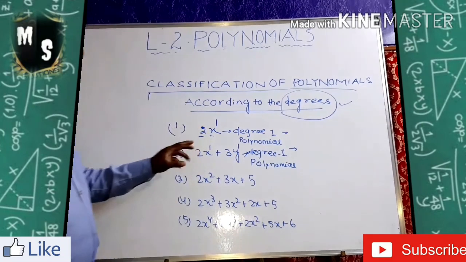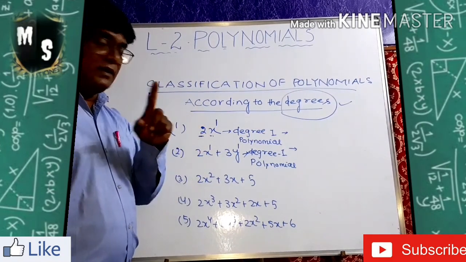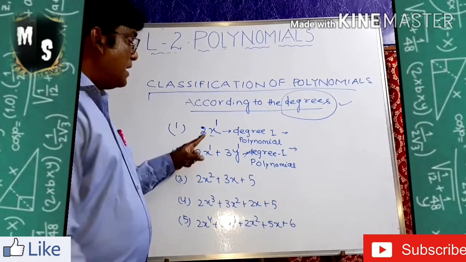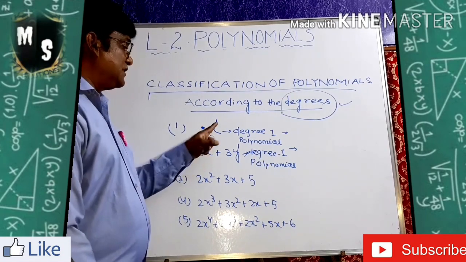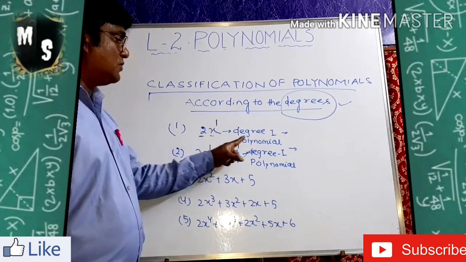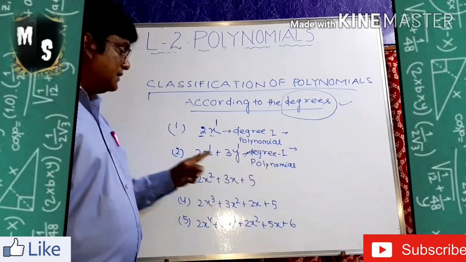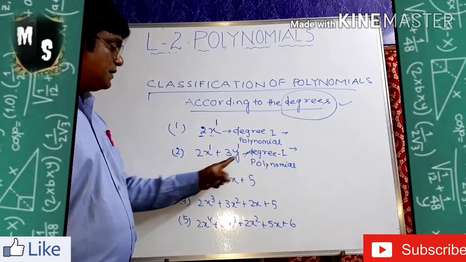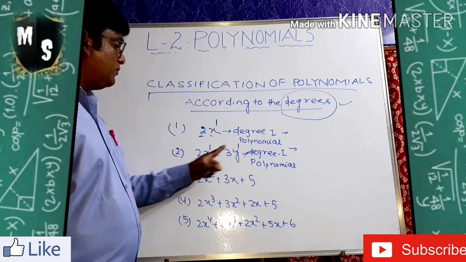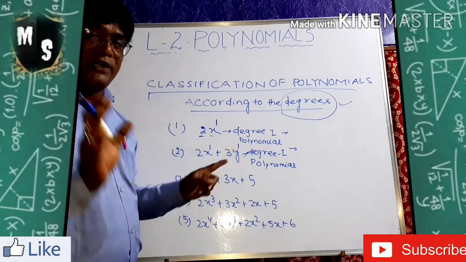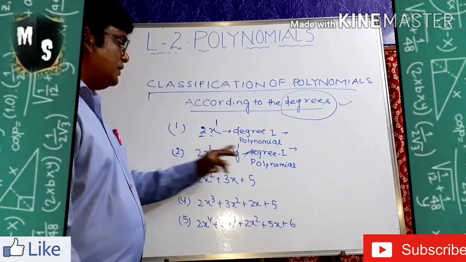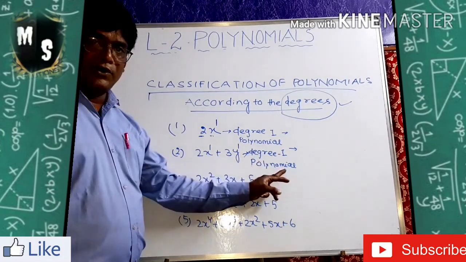Understood what I said? The first one has a single term with the variable x and the exponent is 1, so it is a degree 1 polynomial. In the second one there are 2 variables and the exponent of the variable is 1, so it is also a degree 1 polynomial.